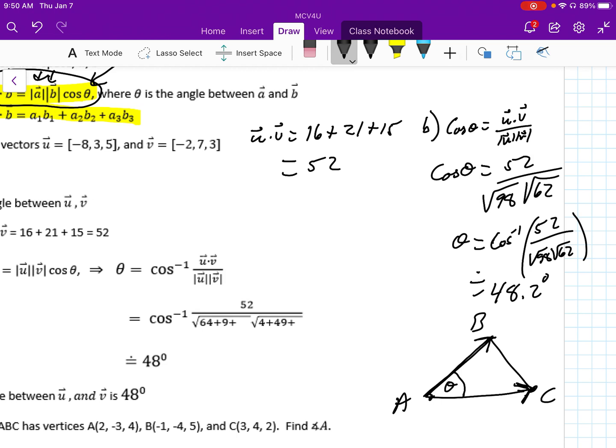So we are specifically looking for vector AB and vector AC. We have to make sure that we're going tail to tail in order to use this process using the dot product and all the rest of it.